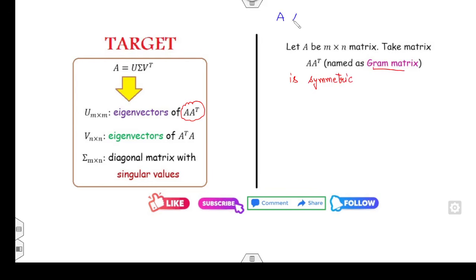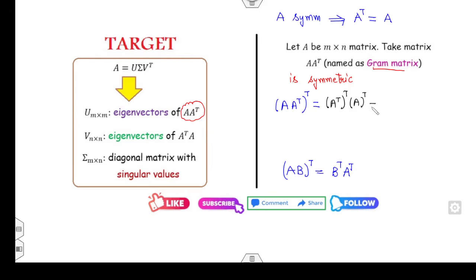How can you prove that the matrix is symmetric? In order to prove that, you need to prove that the transpose of A into A transpose is A into A transpose. So let's start with the transpose of A into A transpose. We all know the value of the transpose of AB: it is B transpose into A transpose. So I can write this as the transpose of A transpose into A transpose. The transpose of a transpose is A, so we get A into A transpose, which implies A into A transpose is a symmetric matrix.